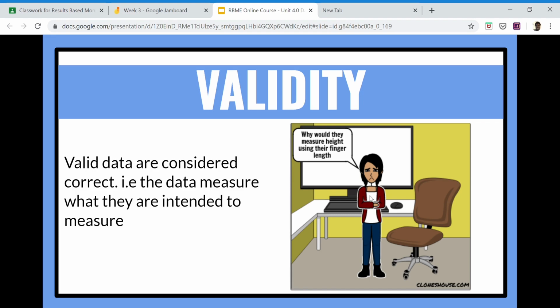You cannot use age to measure that and say, oh, people that are within this age range are supposed to have good nutrition. It's not possible. You cannot do that. So one needs to be careful when you're doing that. So that's an example of what we refer to as validity.